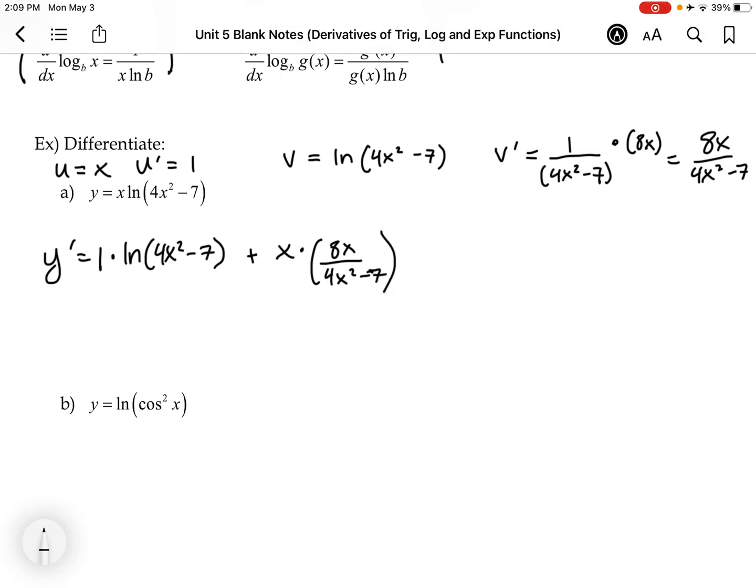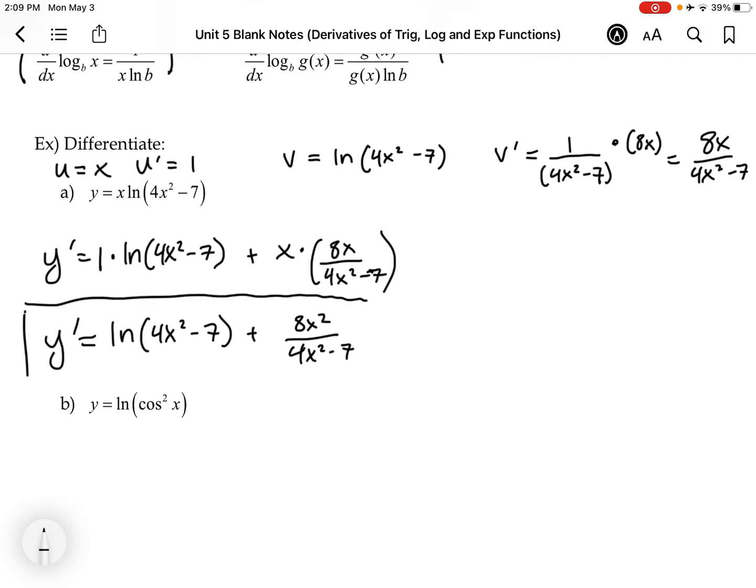All together, if we simplify that a little bit, it is ln of 4x squared minus 7 plus 8x squared over 4x squared minus 7. So there is our first example.